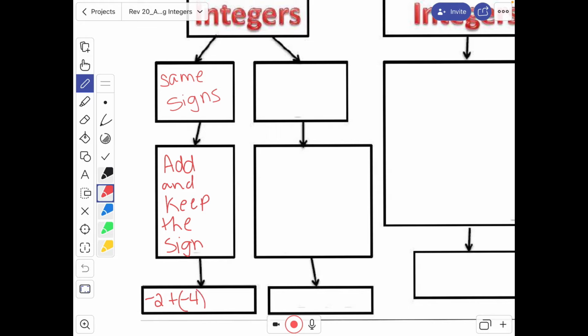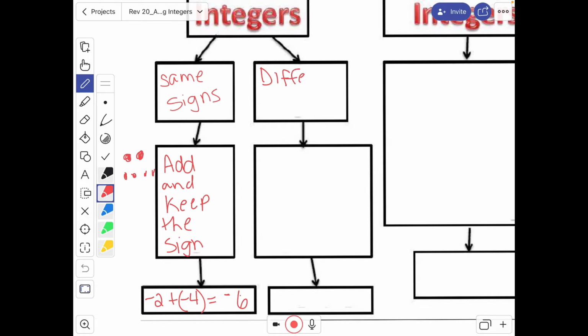Negative 2 plus negative 4, you just add 2 plus 4 and you get 6. And since they're both negative, it's negative. Kind of like if you had 2 negatives and you added 4 more, all together you have 6.